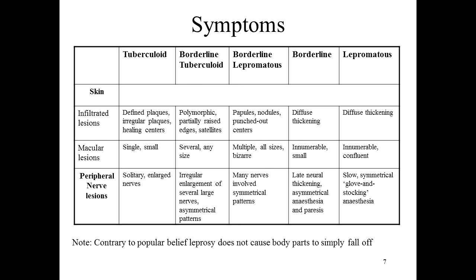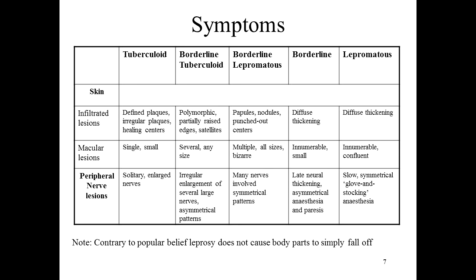For the peripheral nerve lesions, many nerves are involved and the pattern is symmetrical. So we can easily differentiate borderline tuberculoid from borderline lepromatous by the pattern of the peripheral nerve lesions.